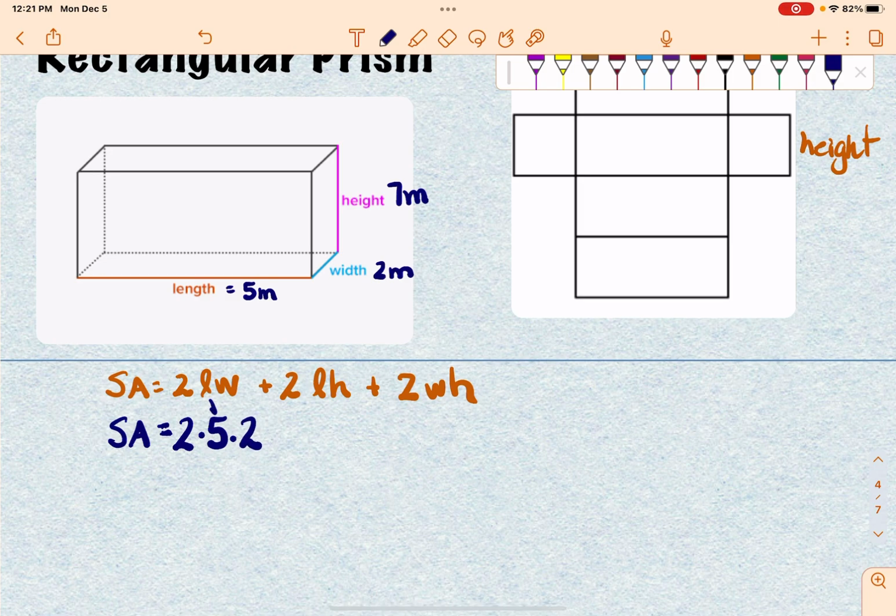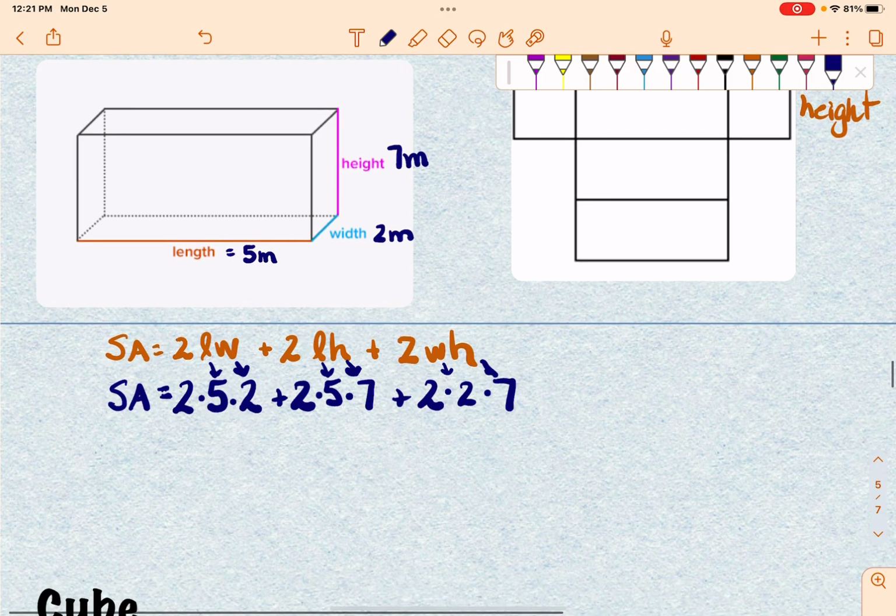I'm just plugging those numbers in where they go. Then plus 2, the length is 5, and the height is 7. Then the width is 2, and the height is 7.